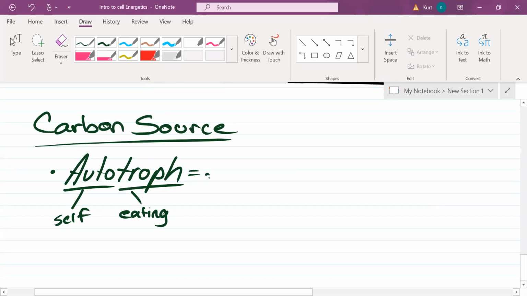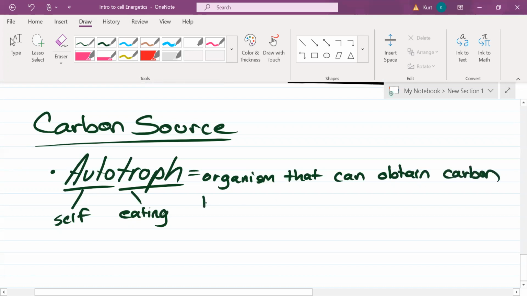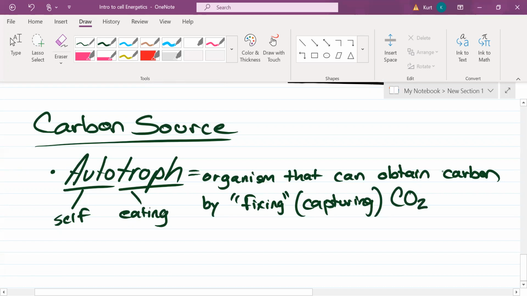So an autotroph is an organism that can obtain carbon by fixing it. And by fixing it, it basically means capturing carbon dioxide from the atmosphere.